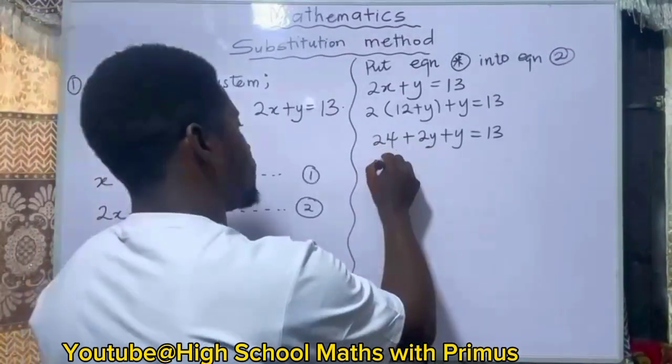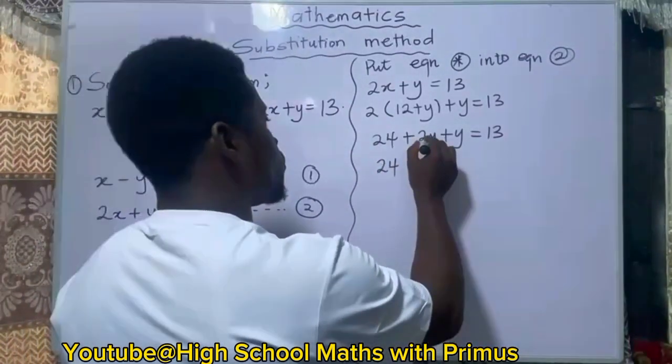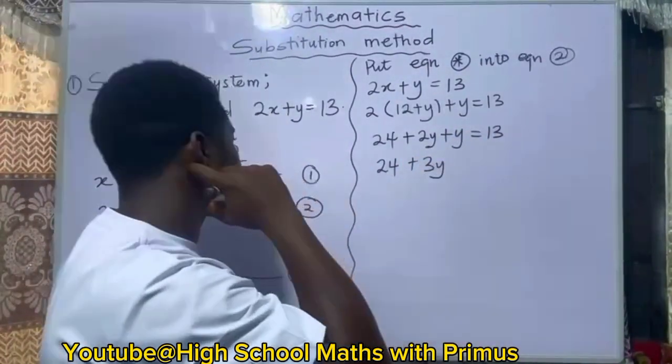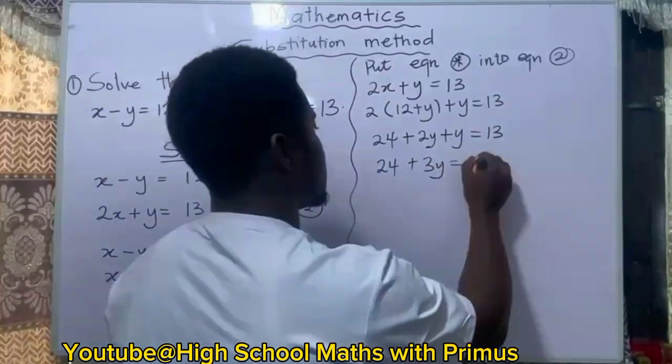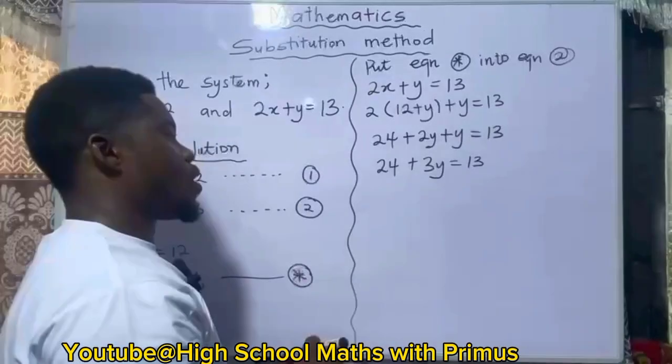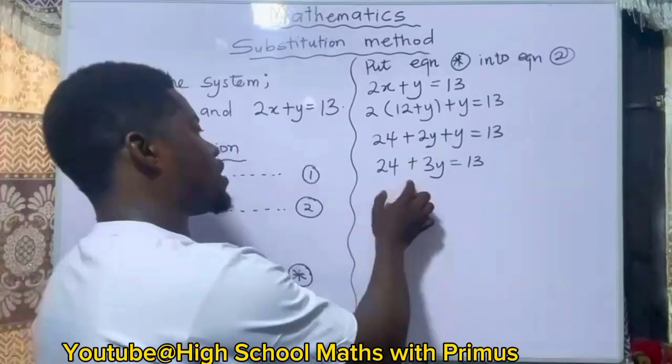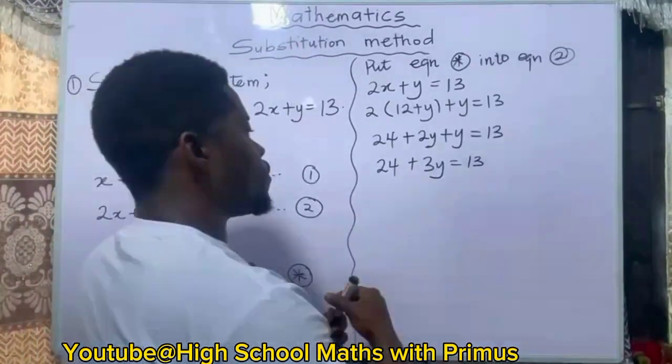We still have 24 here. 2y plus y is 3y, is equal to 13. We are looking for the value of y, so we try and make y the subject here. We therefore subtract 24 from both sides.